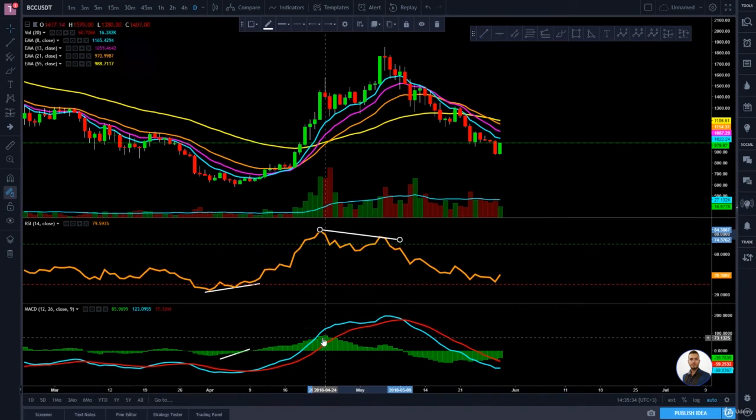On the histogram, we see it bearishly diverging where we see this high right here, and after that we start to downtick, and now we have at least two signals to sell.